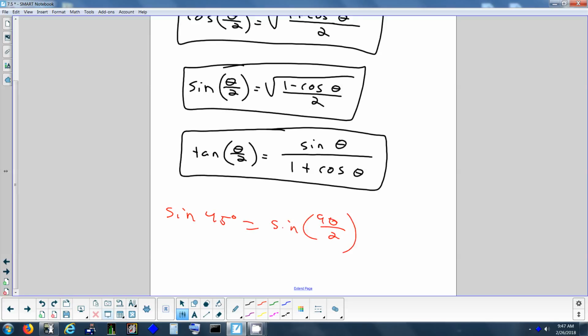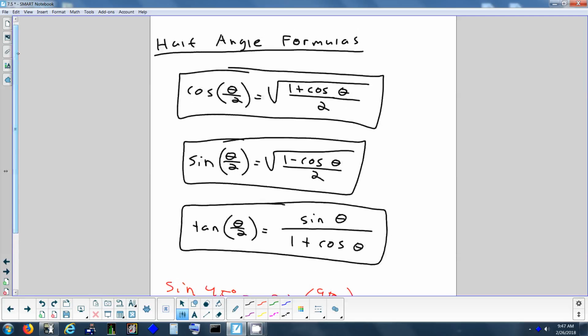And then if you know the 90s, which usually people remember those a little better because they're zeros, ones, and negative ones, you could work backwards and figure out the sine of 45 if you knew cosine of 90. Okay. So again, don't worry too much, don't worry at all about those for the test. I'm just giving them to you so you have them.